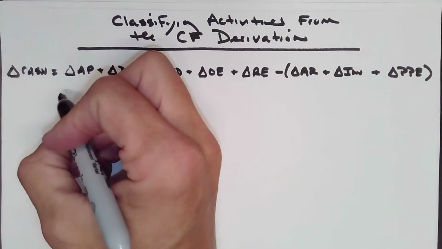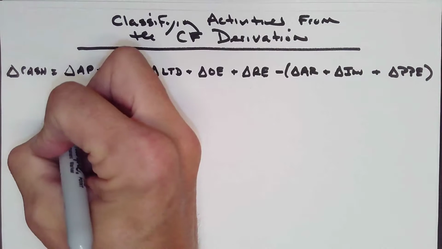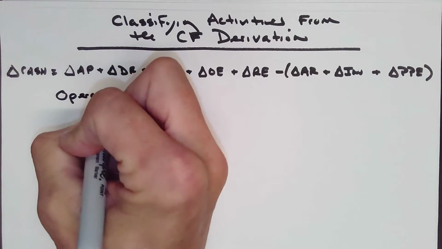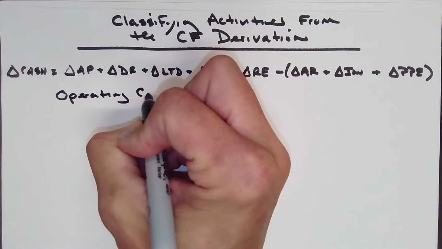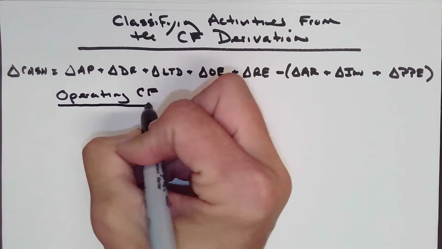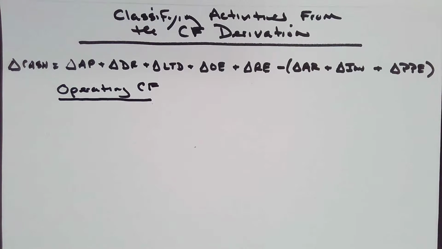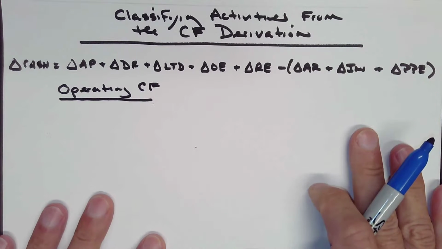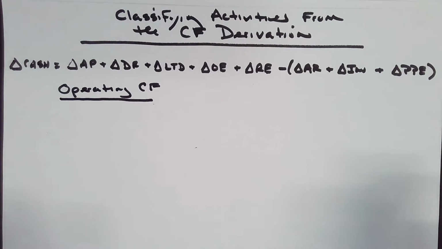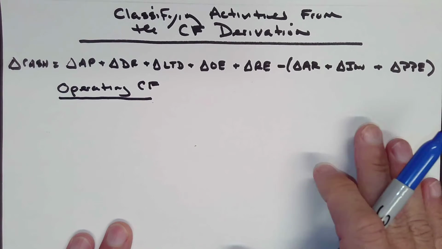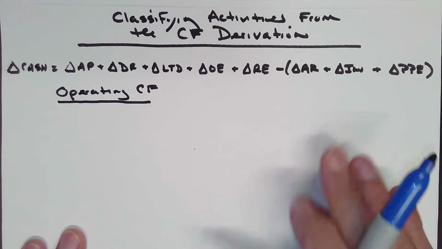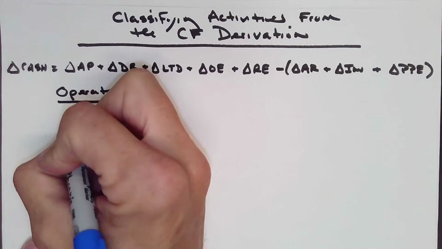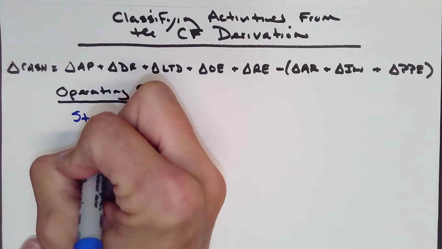So let's write down, we're dealing with operating cash flows. And we want to put in our starting proxy, our estimate. Because net income is a pretty good starting point for estimating cash flows, operating cash flows specifically. So we need to start with a starting proxy.